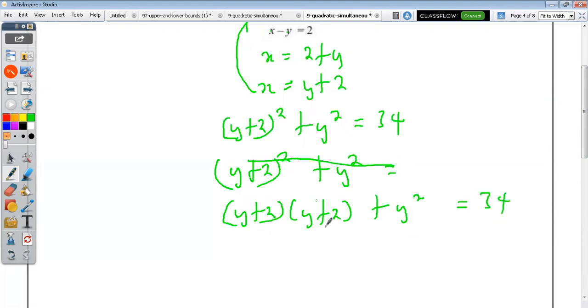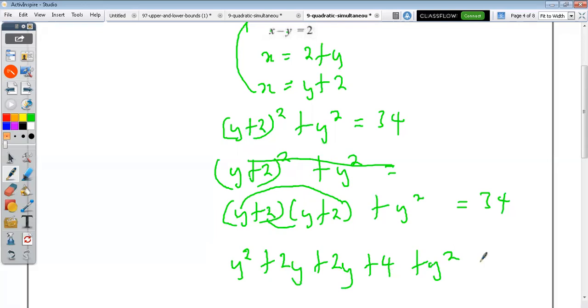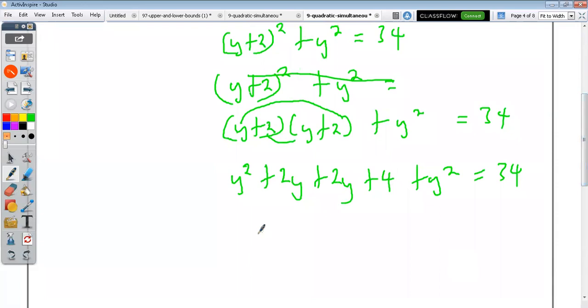Now tell me, what do you get when you expand this? That's y², then plus 2y, plus 2y, plus 4, plus y² is equal to 34. Regrouping, y² plus y² gives you 2y². This plus that gives you plus 4y plus 4.